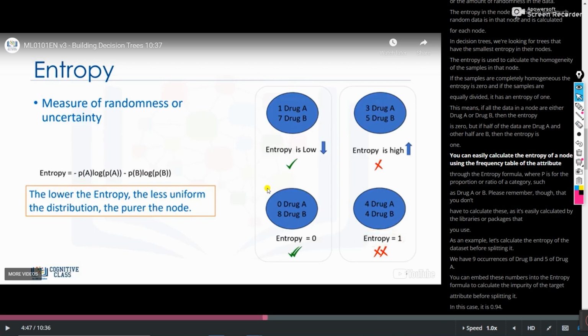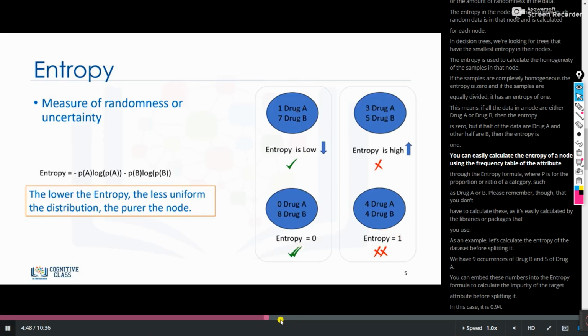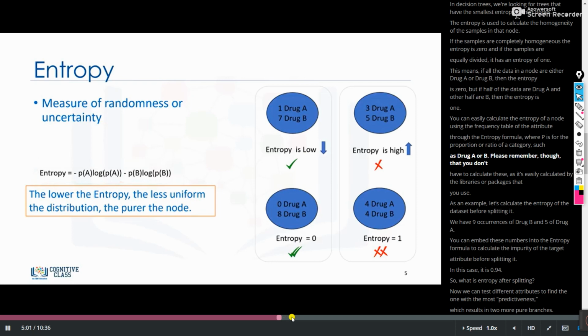It will calculate the entropy of all these four circumstances, and the lower the entropy, the less uniform the distribution, with the value tending towards 0. Is that clear? Okay.